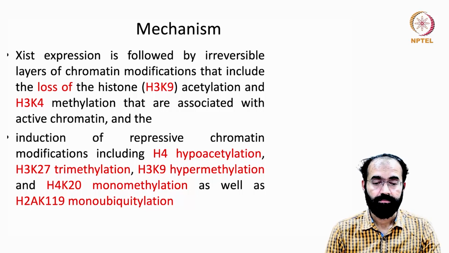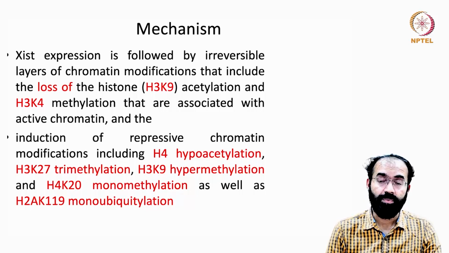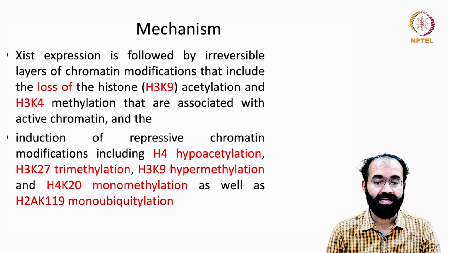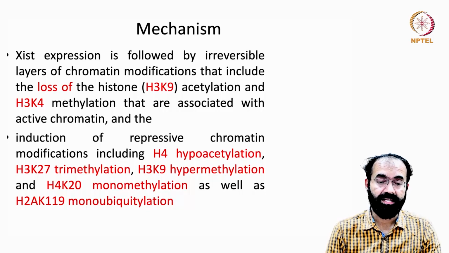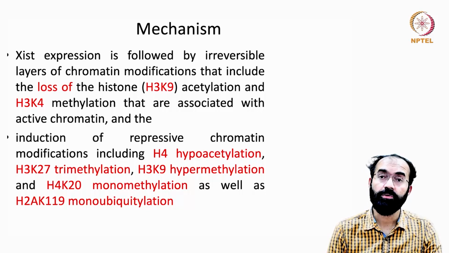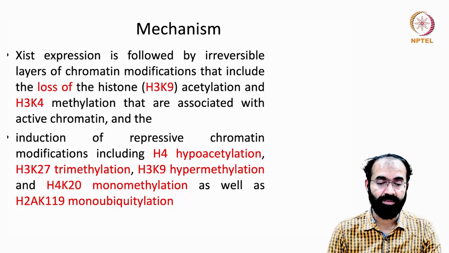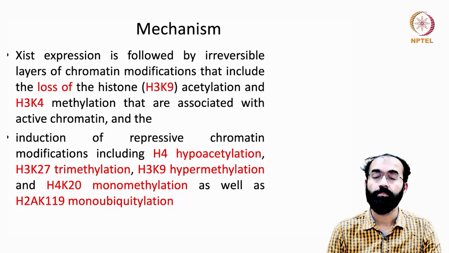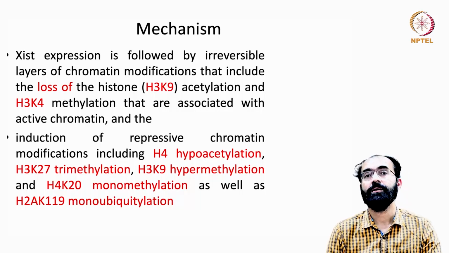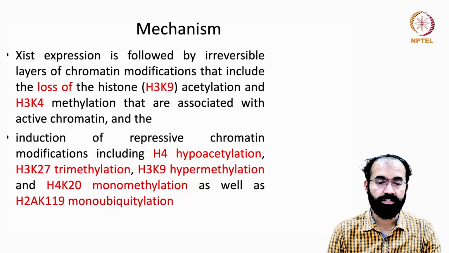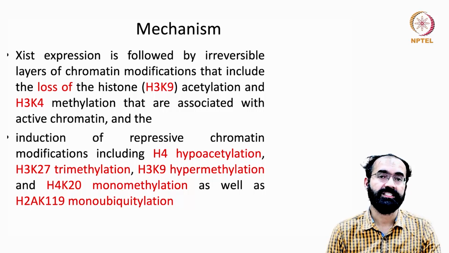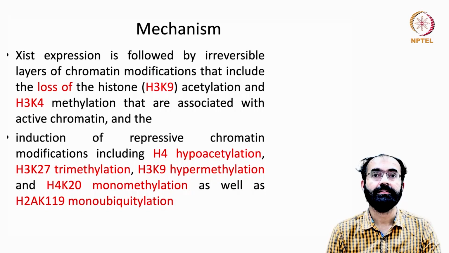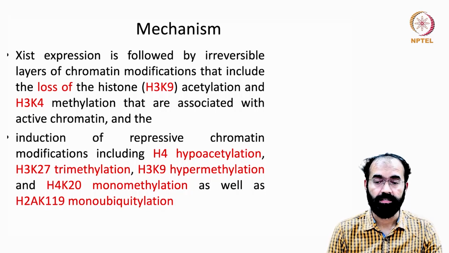Histone 3's lysine 9 hypermethylation can happen, and H4K20, lysine 20 on histone 4, monomethylation can happen, as well as H2A, a separate isoform, H2AK119 monoubiquitination, that is addition of a ubiquitin moiety onto it. So this is another change that can happen onto the histone.